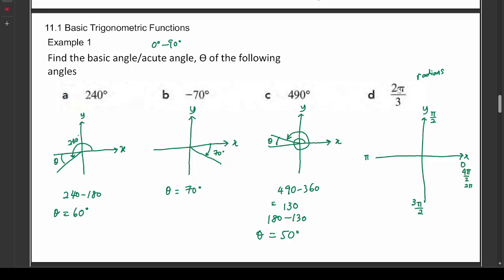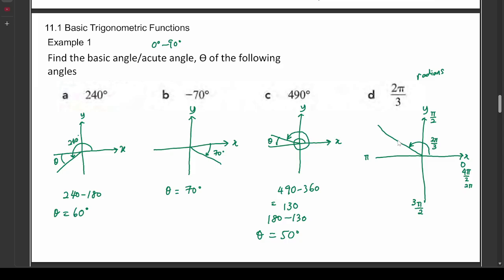So this is definitely bigger than pi over 2. So the line is here. And it's a positive angle, so again you start from the positive x-axis until here. So this is our 2 pi over 3 angle in radians.